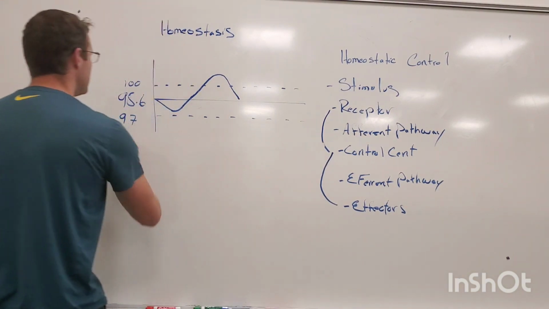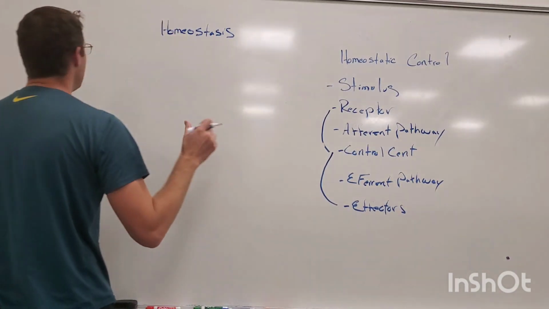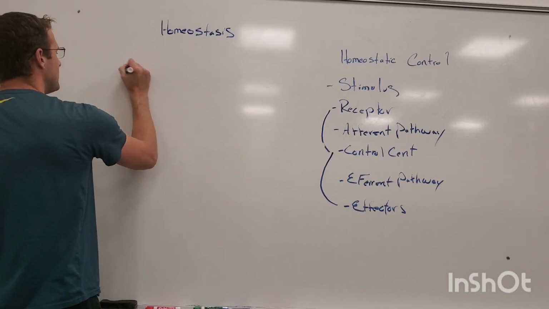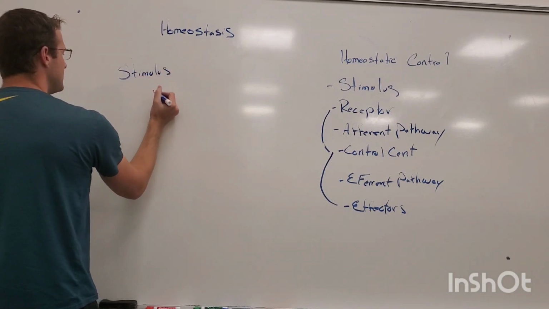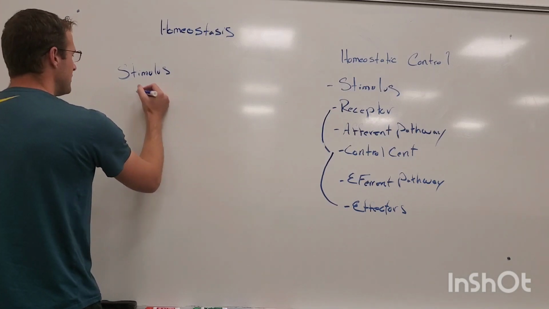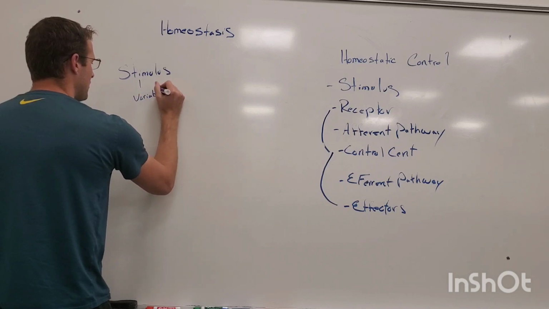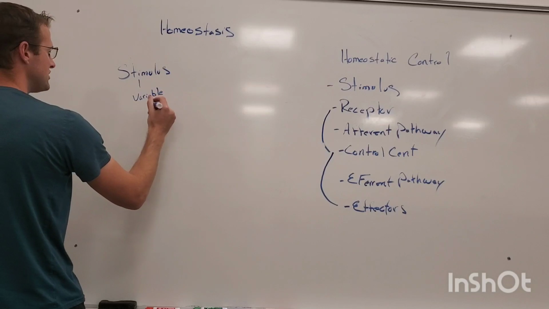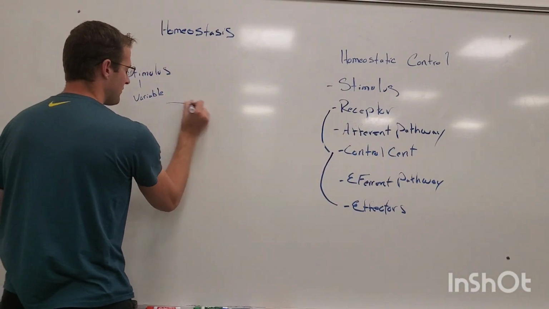And I can show you on a graph just how that works. So we have our stimulus here. Our stimulus is going to act on a certain variable in our body. So we'll just say variable. And this variable is going outside of the normal range. Because of the stimulus, the receptors detect that.